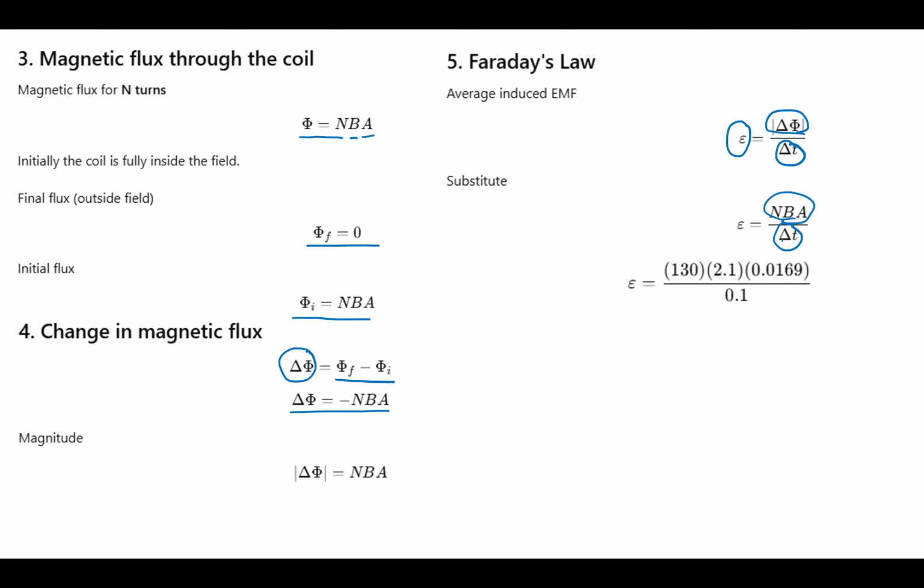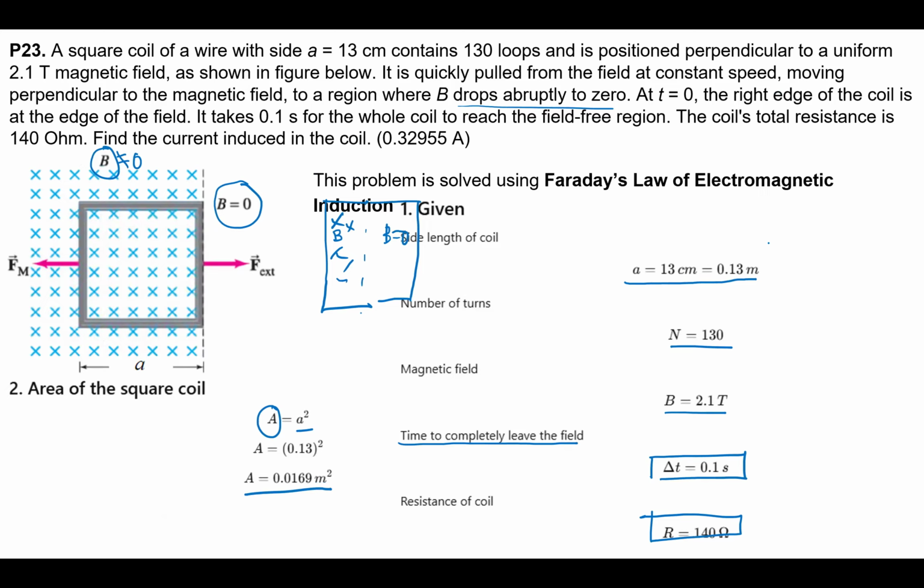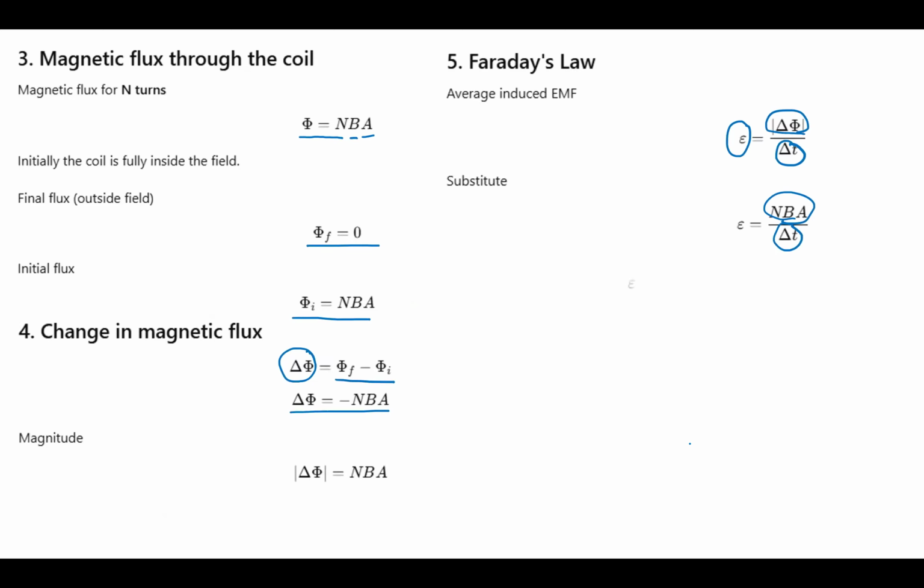And then we know that delta t is the time to completely leave the field. So we know what delta t is, we know what N is, we know what B is, we know what A is, and then we can find the electromotive force.